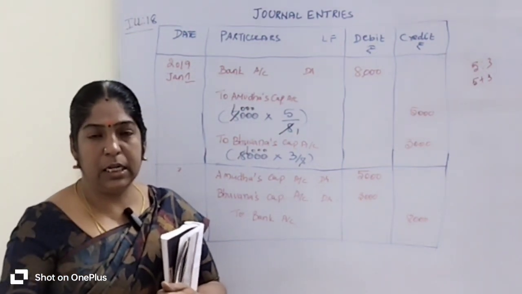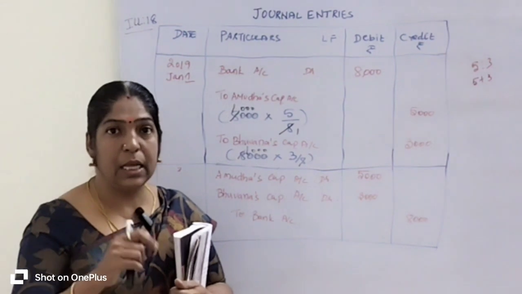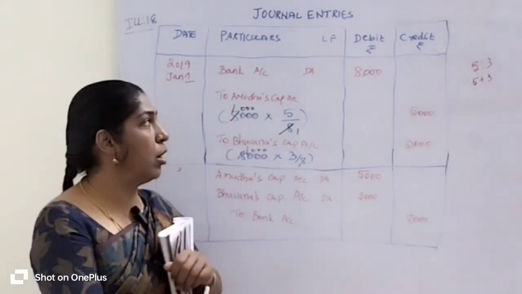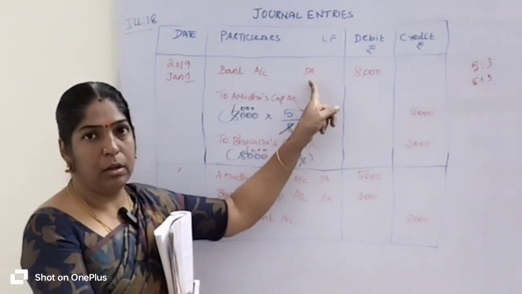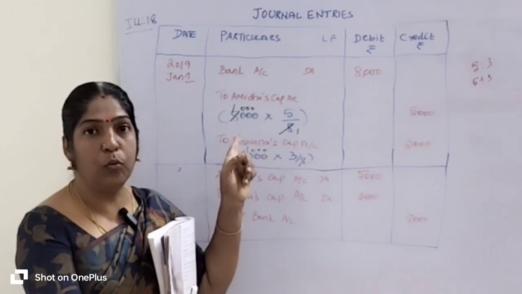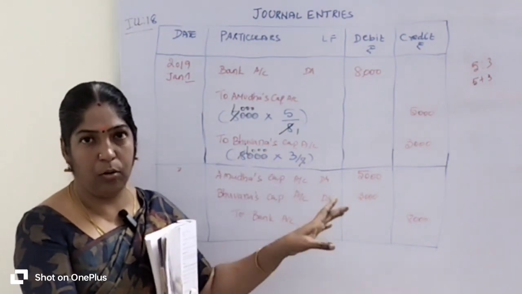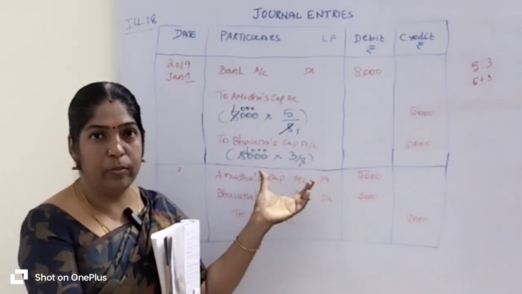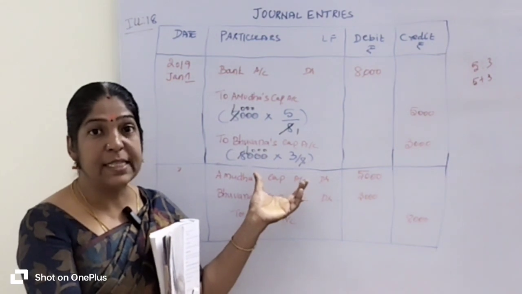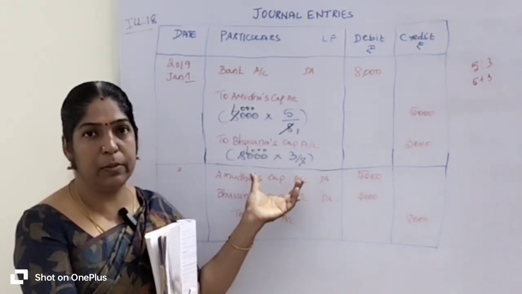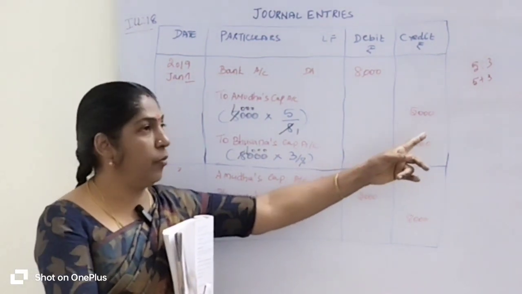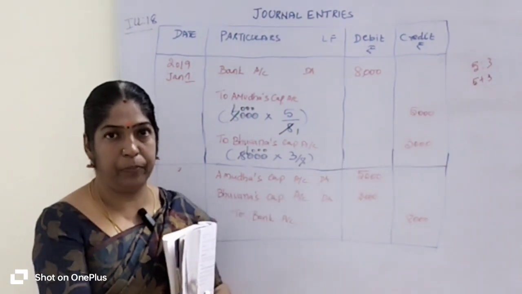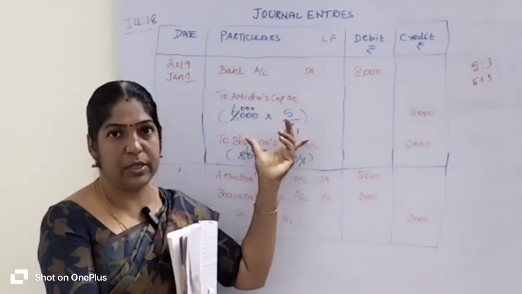The format is bank account debit or cash account debit to the respective old partners' capital accounts. That goodwill is distributed in the sacrificing ratio, which means the old profit sharing ratio. Okay. We have passed the first journal entry.